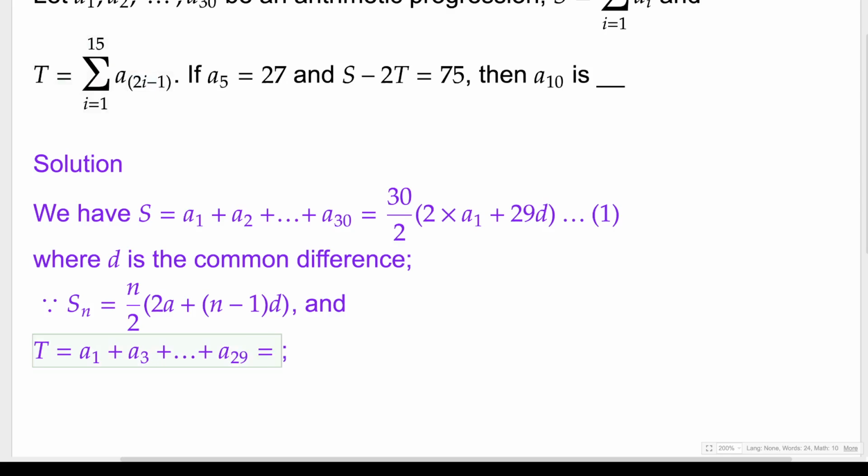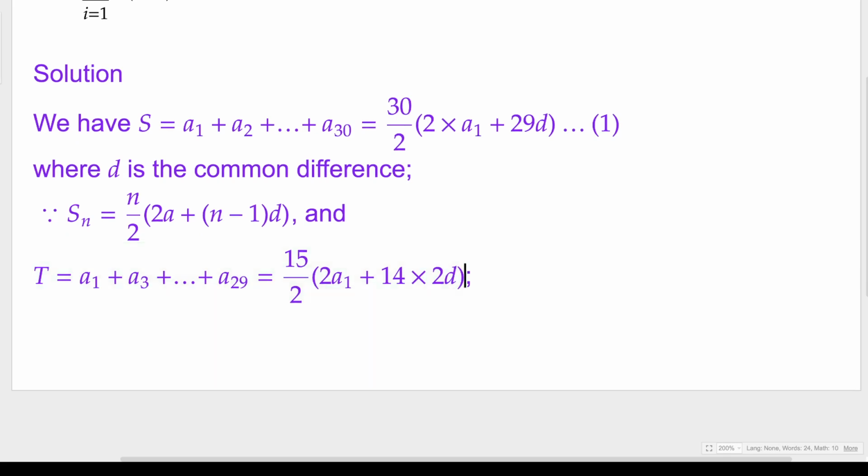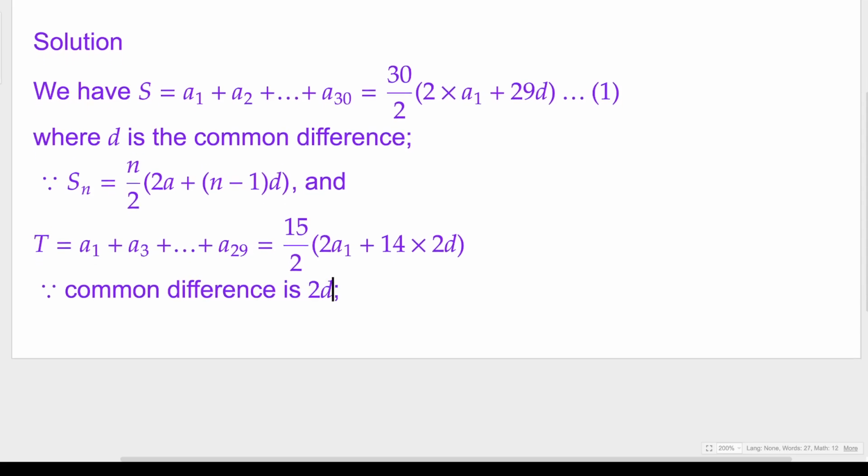Here we have 1, 3, up to 29, so the total number of terms, if you observe, is 15. So it is 15 over 2 times 2 times the first term a subscript 1 plus 14 times the difference, which is 2d, since the common difference is 2 times d.